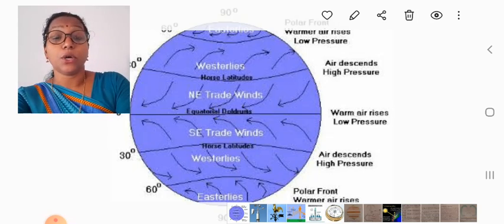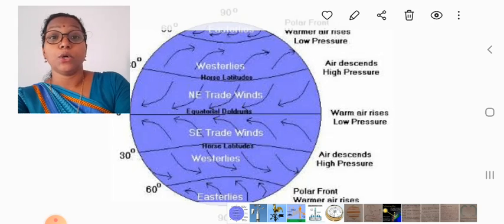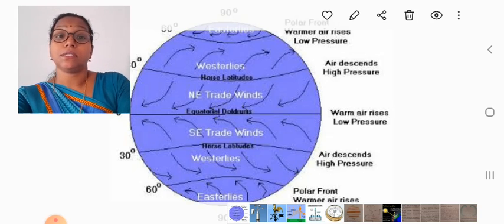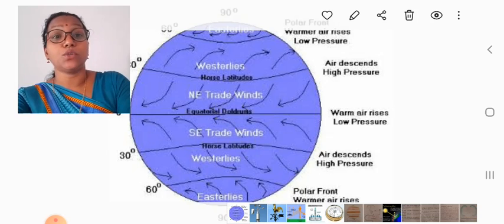In the northern hemisphere, they are blowing from the northeast direction towards the west. They are called northeast trade winds. In the southern hemisphere, they are blowing from the southeast direction towards the west. They are called southeast trade winds.